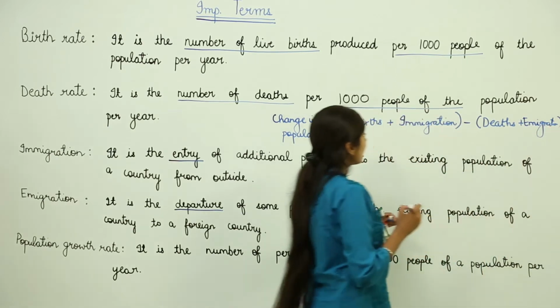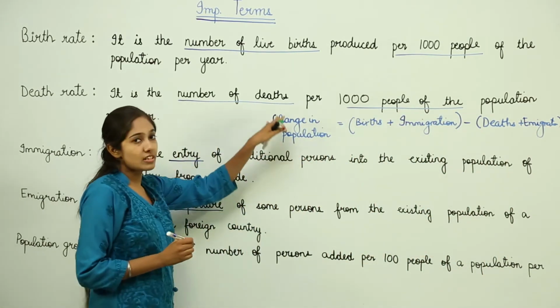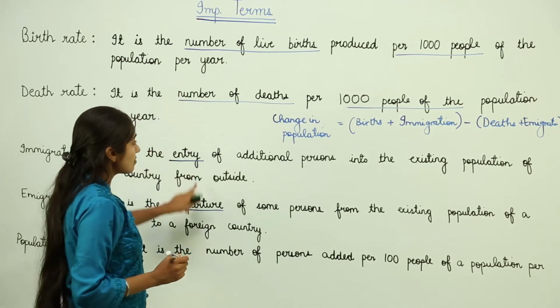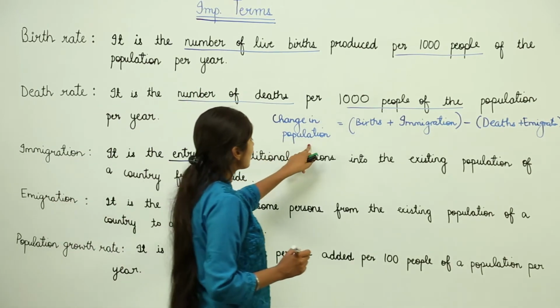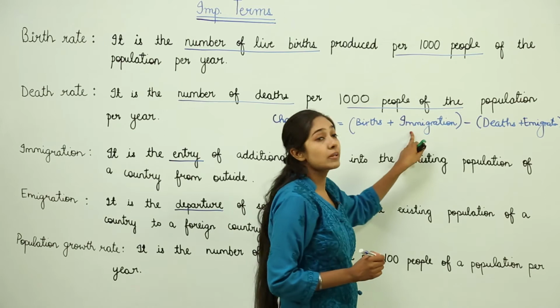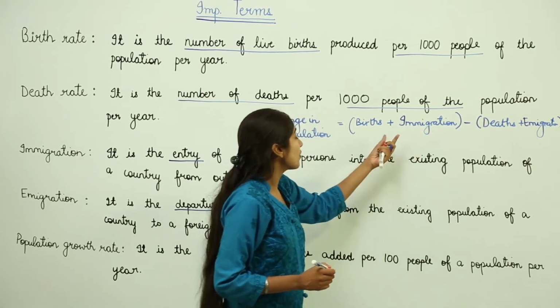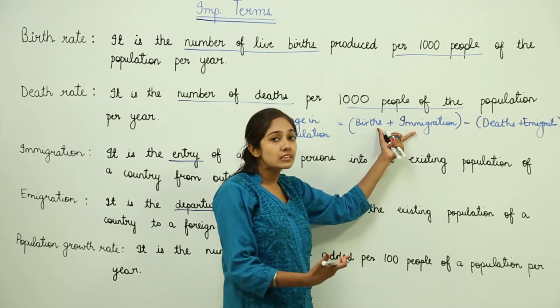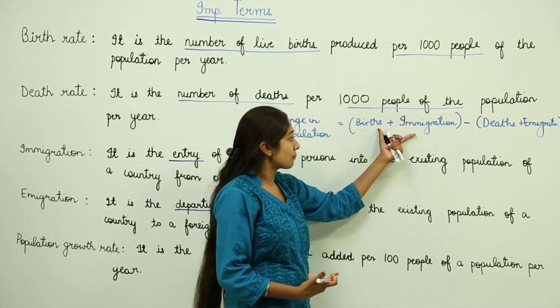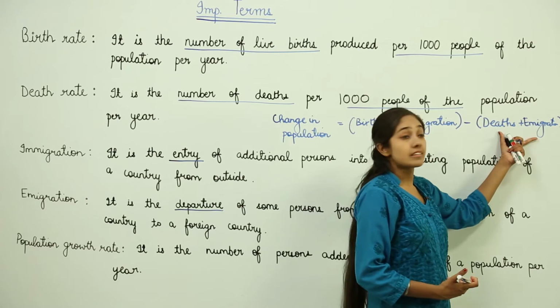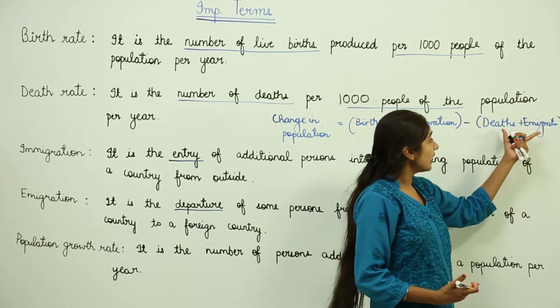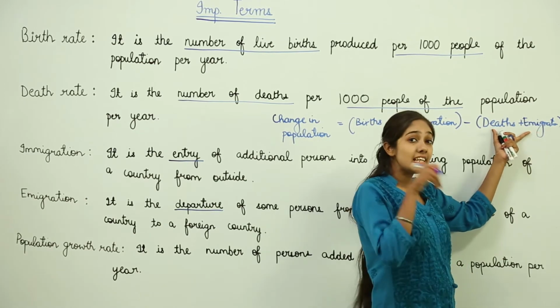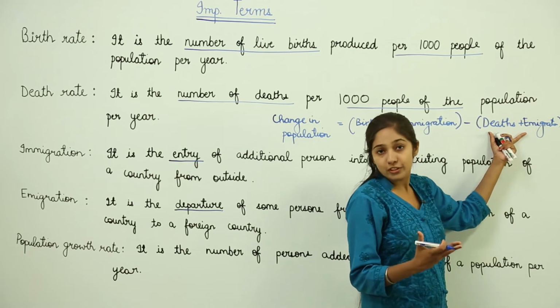So, how can we calculate the change in population? I've just summed up these four terms: change in population is equal to births plus immigration, because this is going to involve the increase in the number of persons in the population of a country, minus deaths plus emigration. This is going to lead to the decrease in the number of persons in the population of a country.